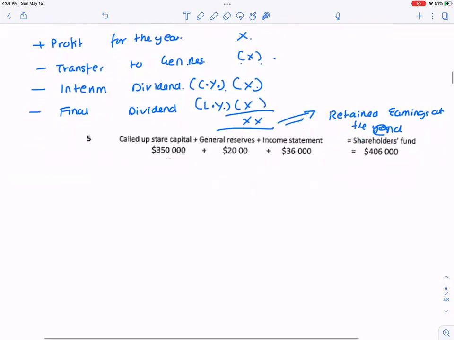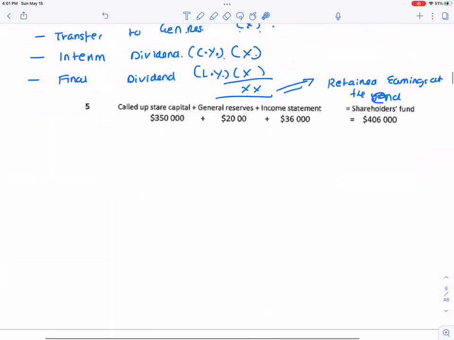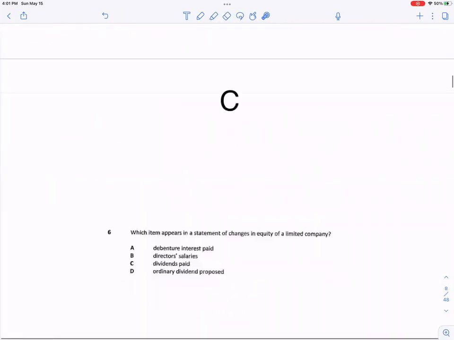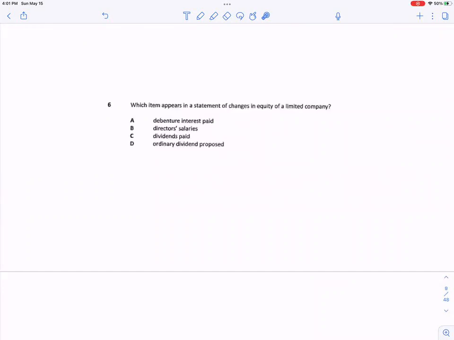What is shareholders' funds made up of? Can you all again tell me? Shareholders' funds: issued and called up share capital, plus general reserve, plus retained earnings. What is retained earnings made up of?